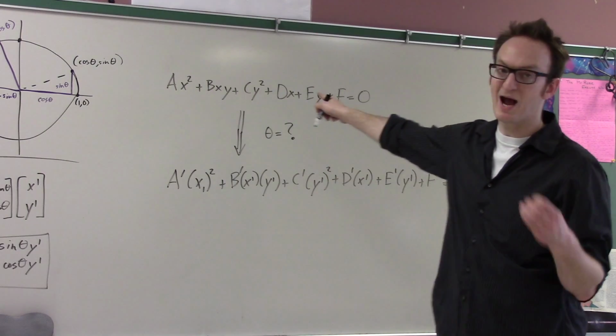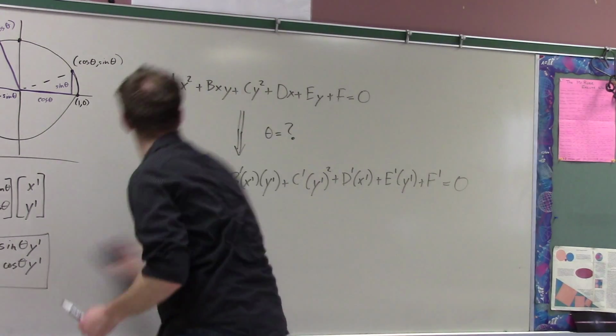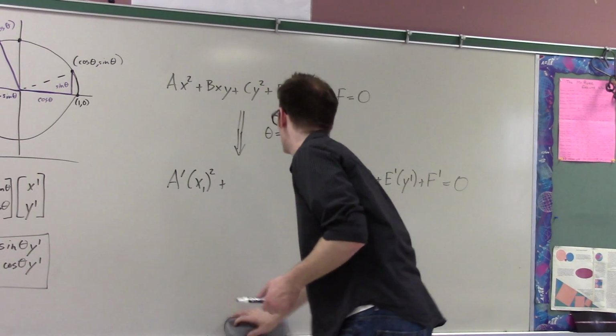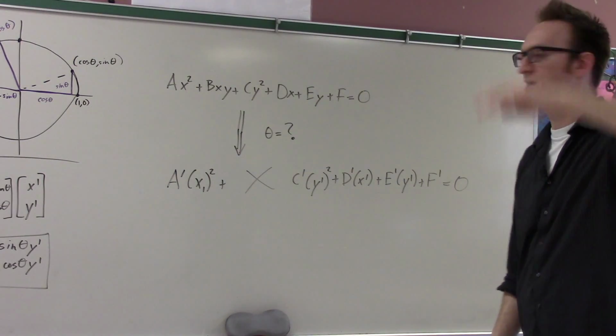I need to figure out what the theta is such that this term dies. That's the whole point. Such that that term goes away. And then I can actually understand the conic.